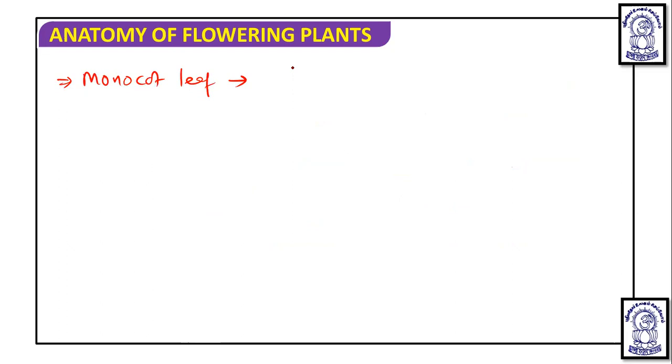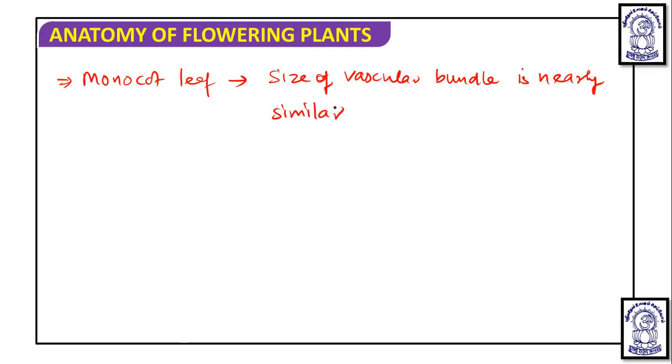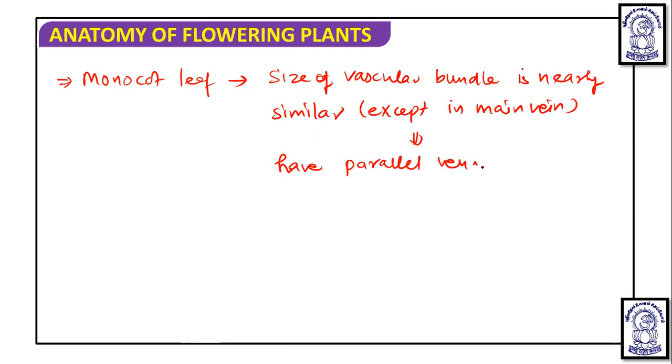But when we talk about the monocot leaf, here also the size of the vascular bundle is dependent on the thickness of veins. Here the size of the vascular bundle is nearly similar, except in the main vein, because they have parallel venation, and due to parallel venation the size of the vascular bundle is nearly similar because the size of the veins is almost similar.